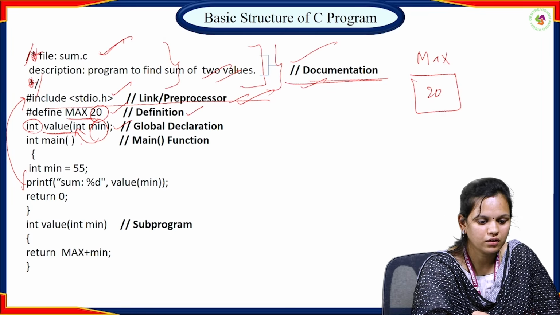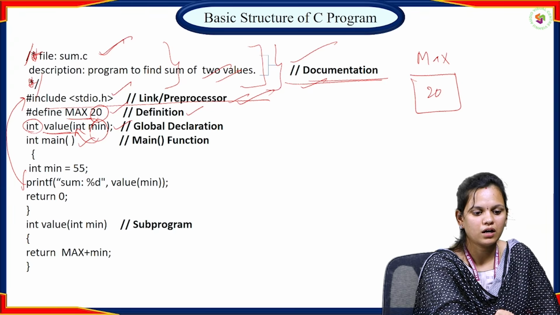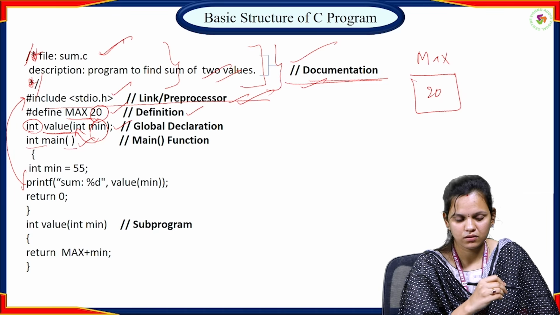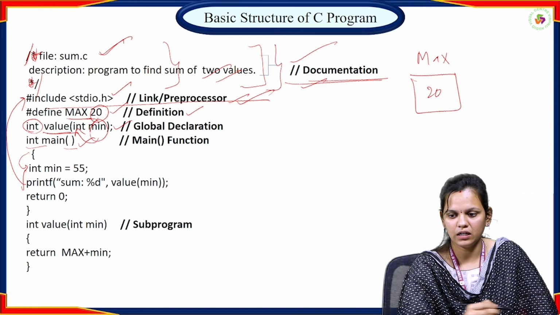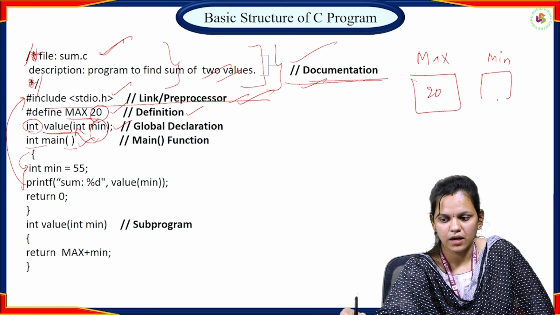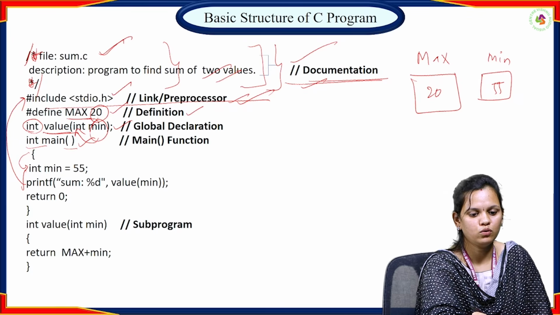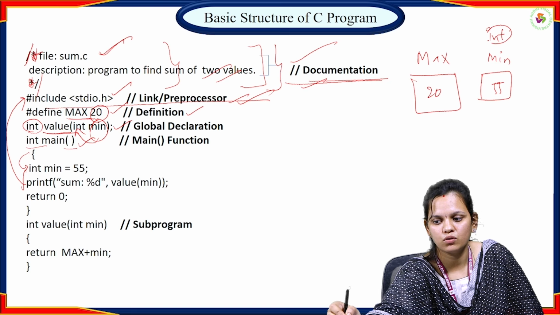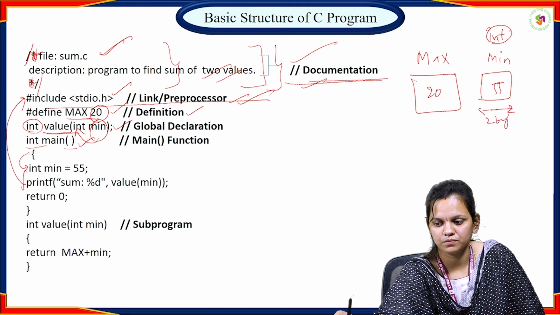Okay, and then the next section is the main section. There I have used int main parenthesis, and then inside this main function I have declared a variable called min, and in that main I have stored the value 55. This min is of integer data type, so if it is a 16-bit compiler, it occupies 2 bytes of data.